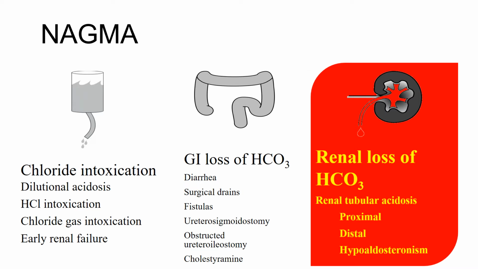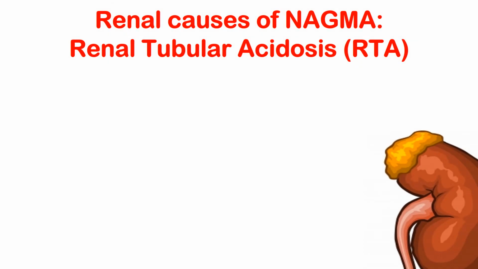The kidney is functioning normally, the GFR is normal, but there is some tubular dysfunction, perhaps in the proximal or the distal tubule, which is contributing to a loss of bicarbonate from the body and a retention of hydrogen ion, which is causing a persistent metabolic acidosis. And we'll go over how we approach those patients.